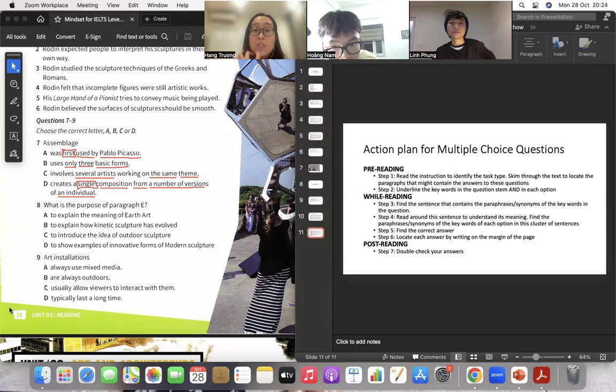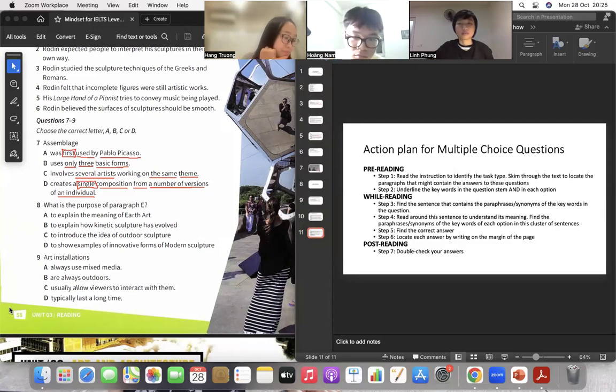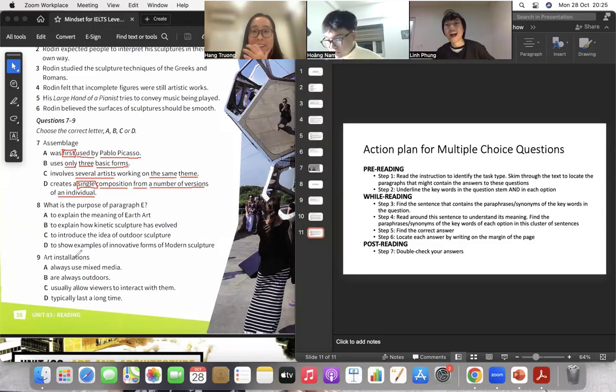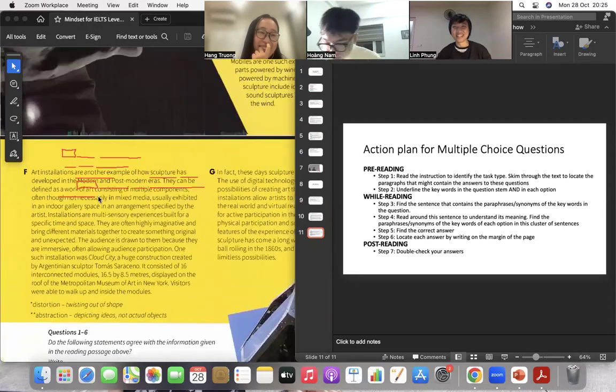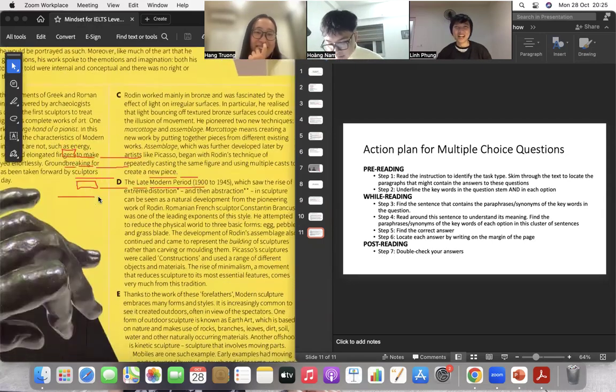So now, Hua, in which paragraph do you find the answer here? Which one? I choose the longest answer. Nah, just kidding. So see here in paragraph C, they say that it begins with drawing techniques of repeatedly casting the same figures, using multiple casts to create a new piece.